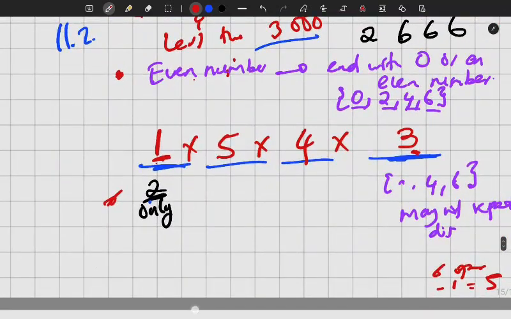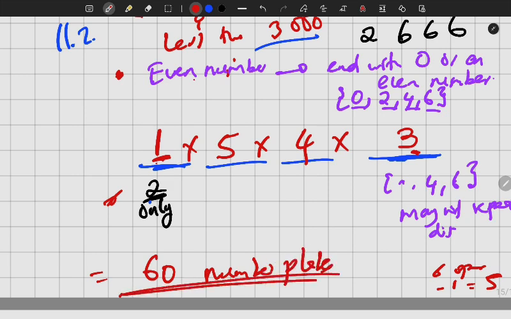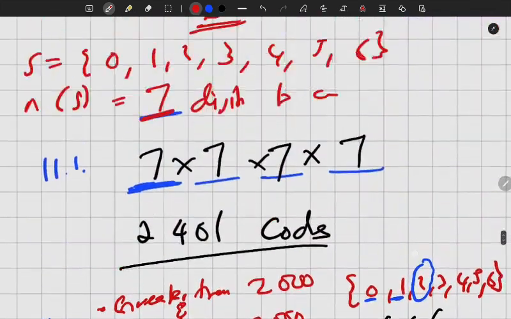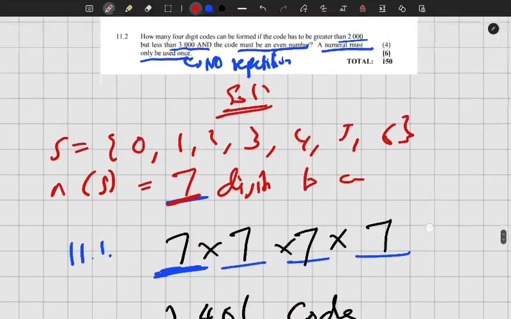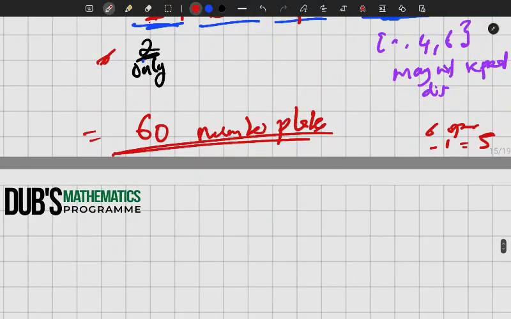Yes, it's quite a lot, but you just need to consider all those different cases. So we have 60 codes. The moment you put limitations, you end up with very few codes.